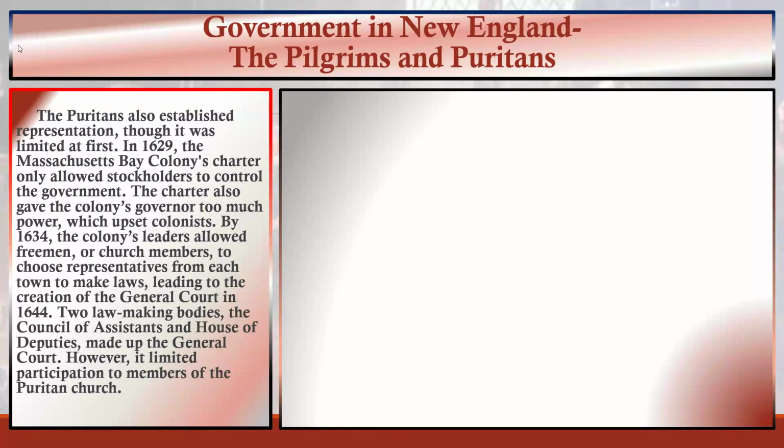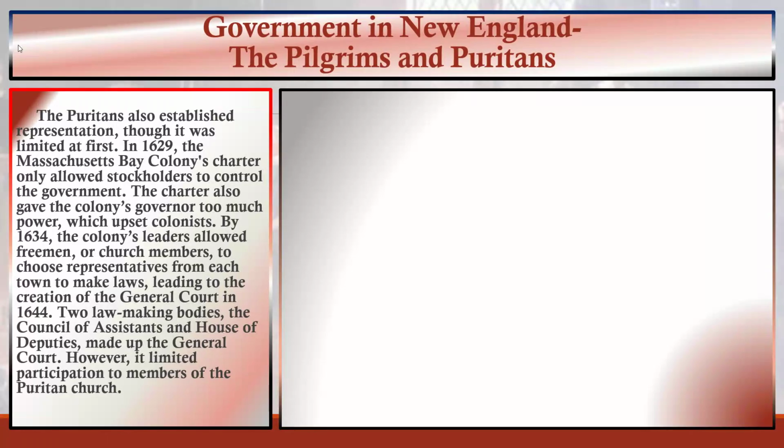I find it interesting here, and again, continuity: two lawmaking bodies, the Council of Assistants and the House of Deputies, which kind of reminds me of the House of Lords and the House of Commons. So again, we're seeing some continuity in the way these English settlers basically mimic what's going on in Britain at the time. In England, it's still called England technically, okay, that they're mimicking that and they're copying that type of government system for their own government.